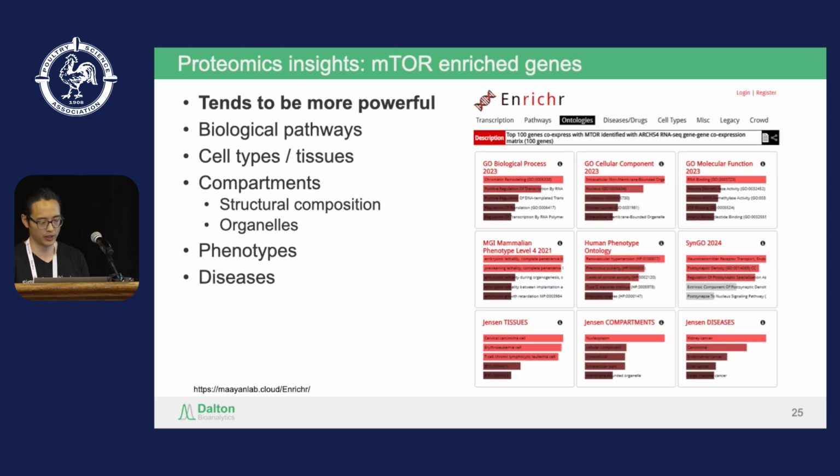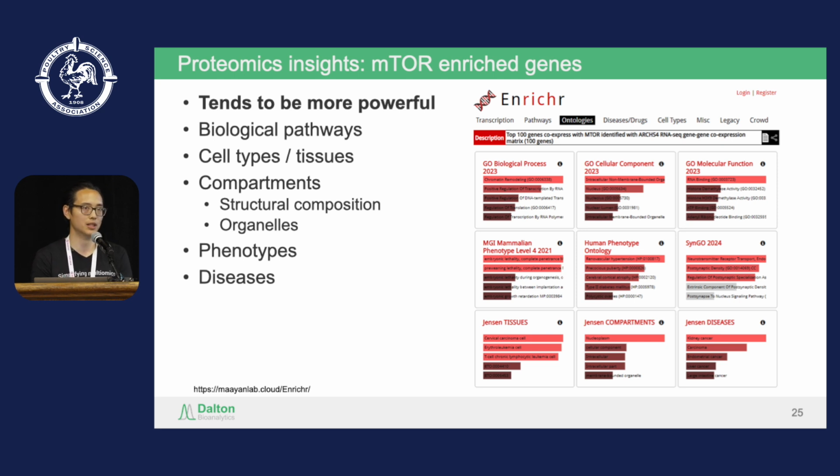So for proteomics, it's quite similar to RNA-seq. You can get a lot of interpretive power from the genetic knowledge base that we've built up as a scientific community, right? So here's one tool that you can find online. You just feed in all of the different genes, and it can tell you the biological processes involved in these top hits, or it can tell you what cell types they were derived from.